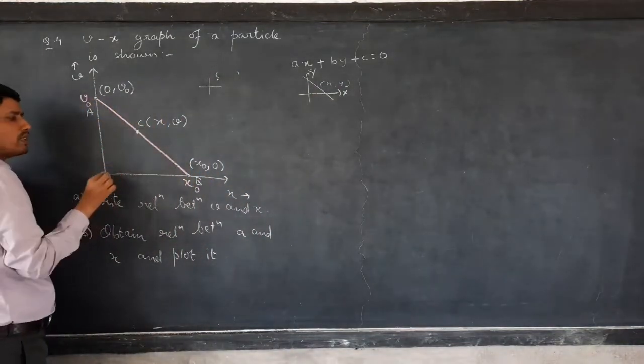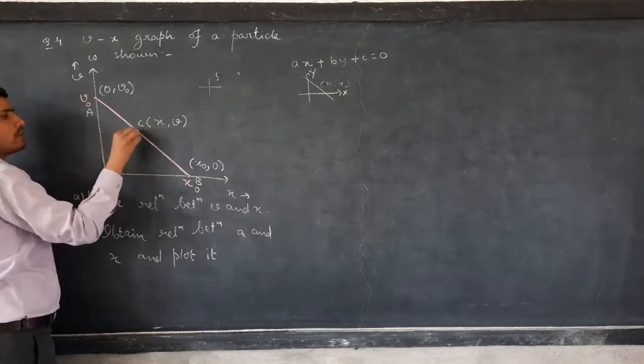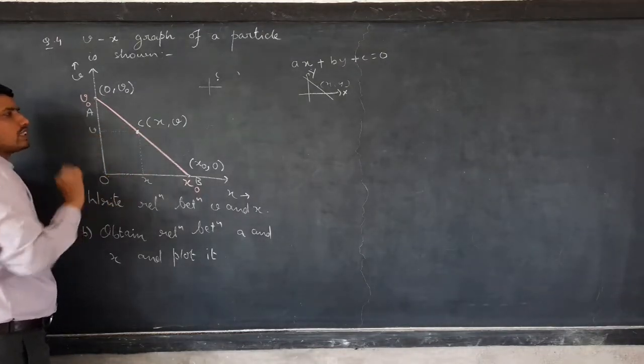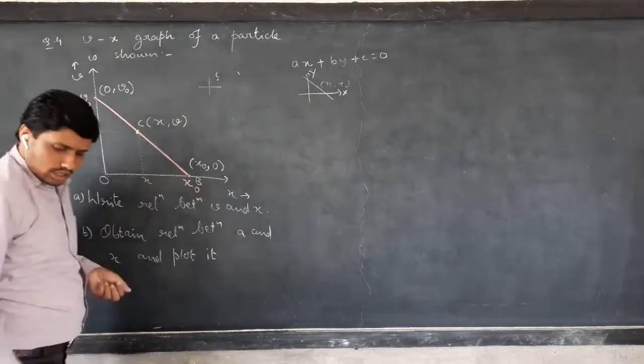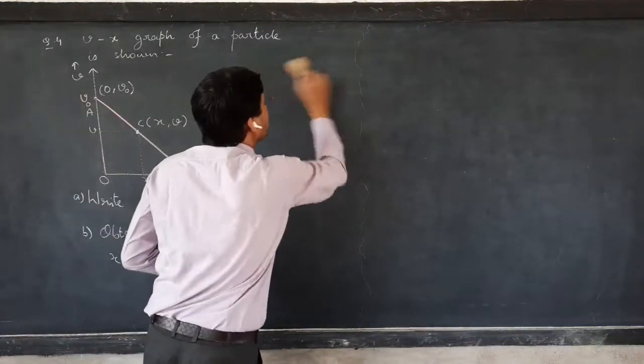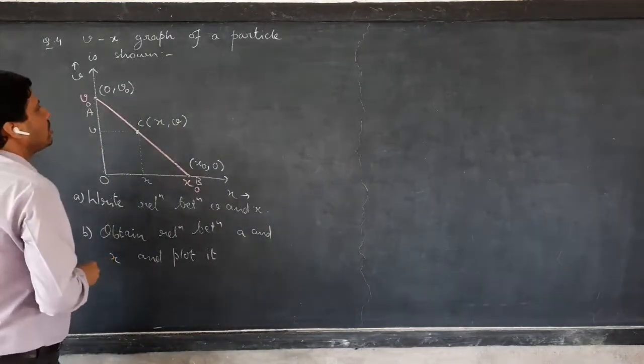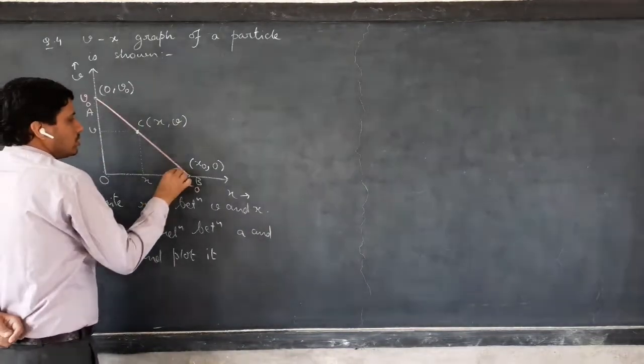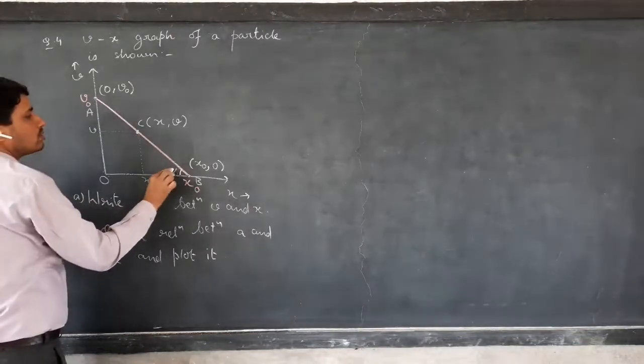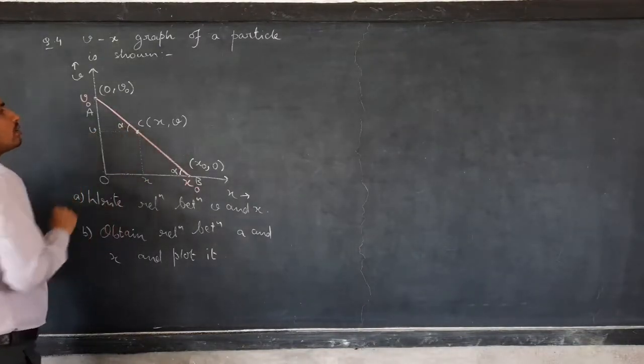At this instant, the displacement was x and the velocity of the particle was v. Now I argue that because it is a straight line, its slope will remain the same at all instants. So this angle is alpha, and this angle will also be alpha.